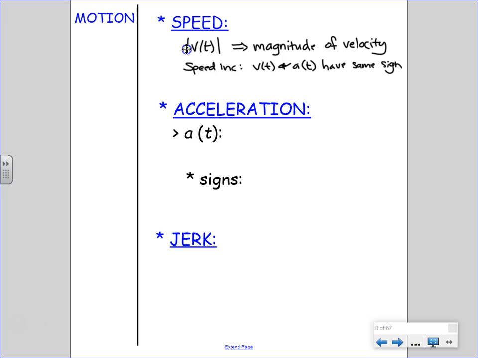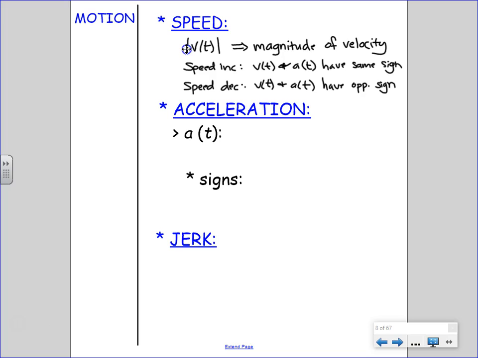Something can be speeding up one second and slowing down the next. And speed is going to be decreasing when velocity and acceleration have different signs at a certain point or on a certain interval. I'm not exactly sure if it gets that intense, but there definitely are quite a few application motion problems, so I wanted to make sure we had that.